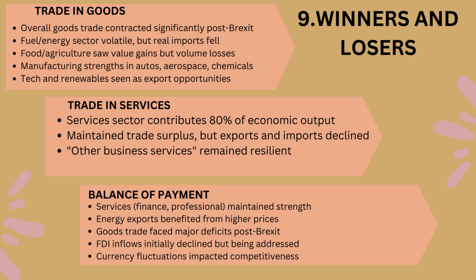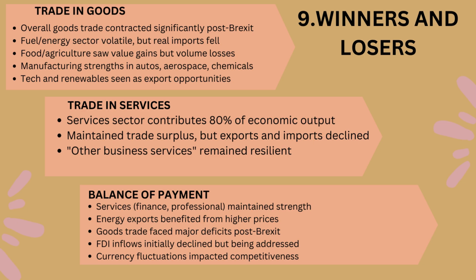Number 9 is winners and losers. So we have three parts, which are trade in goods, trade in services, and balance of payments. For trade in goods, overall goods trade contracted significantly post-Brexit.